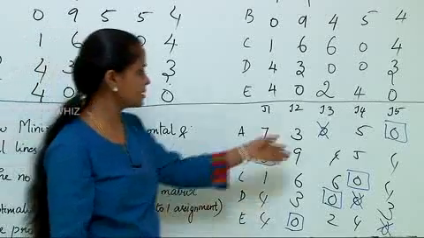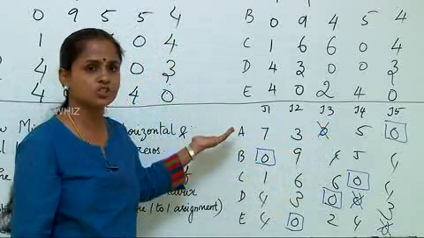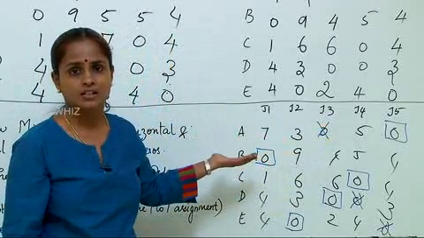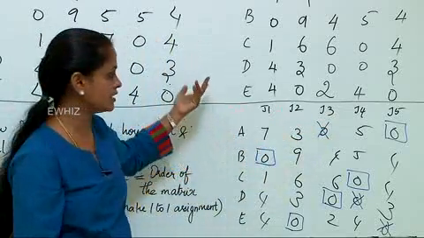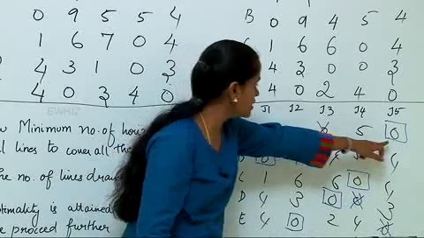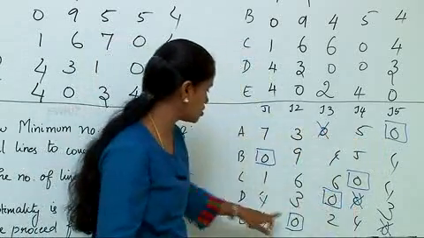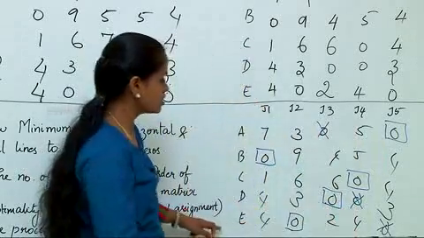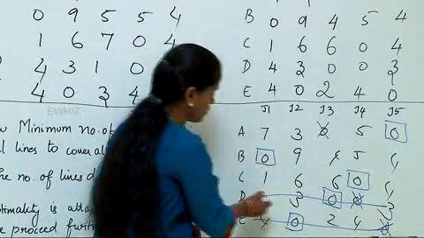See, we will try to draw minimum number of lines. It can be either horizontal or vertical. So what is the procedure to draw minimum number of lines? The procedure states that whenever you have maximum zeros, try to cover it by a single line. Any fashion you can do that. Now see, this contains 2 zeros, this contains 2 zeros, and row 3 contains 2 zeros. So let me try to cover zeros by minimum number of lines.